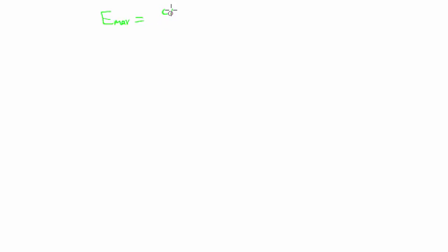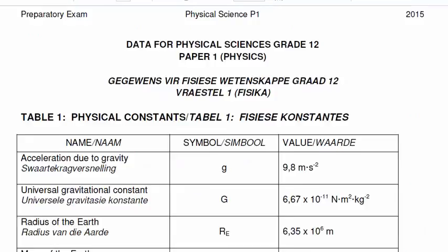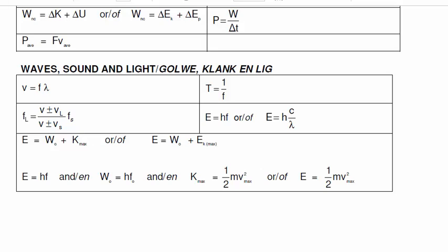So energy max is c times h over lambda minus W0. That's here. That's that one, just with E replaced with K max, and energy replaced with this.